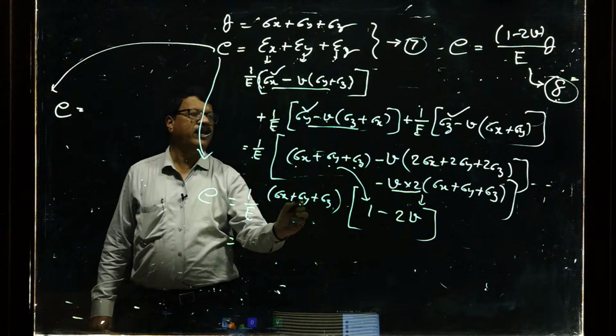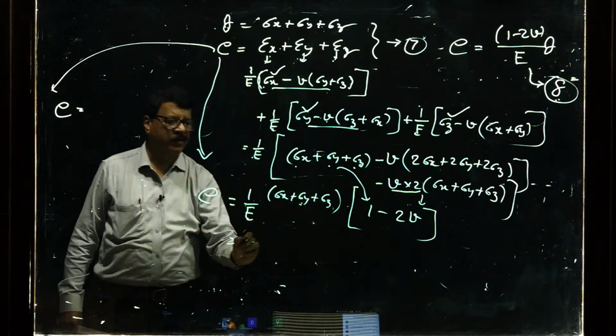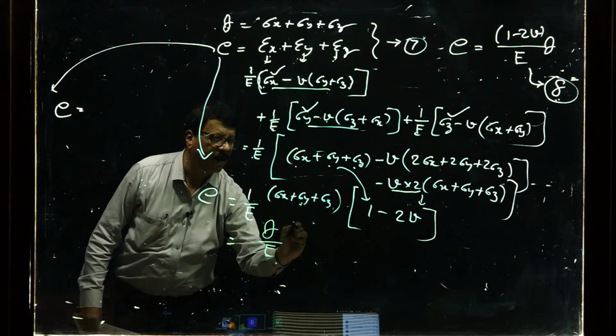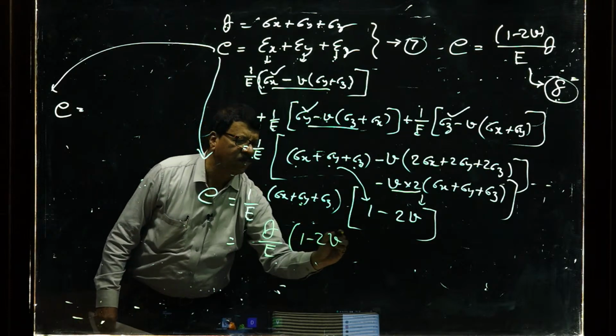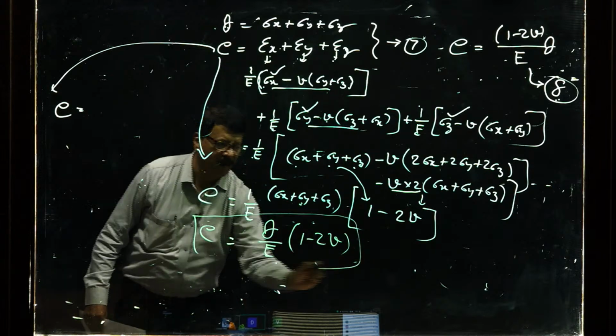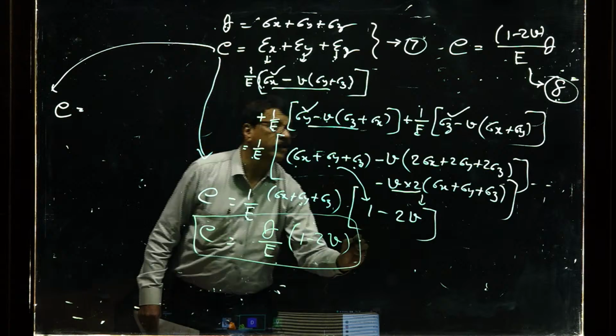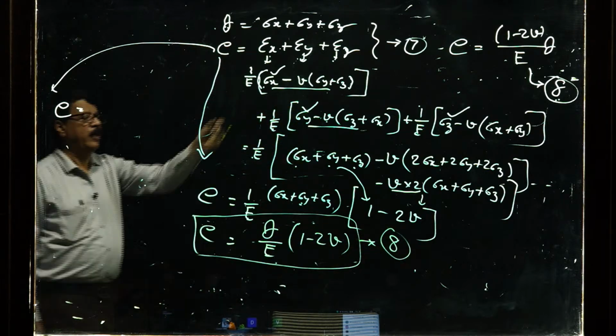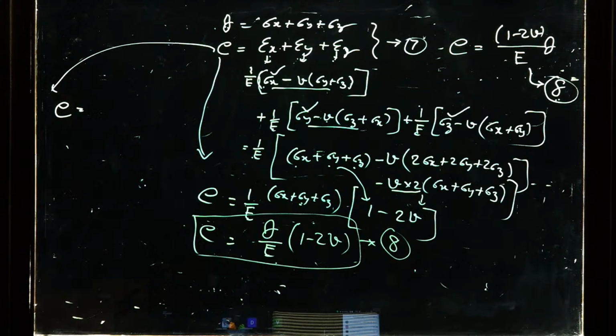Can you put the value of this is equal to theta? So e is equal to theta upon E times 1 minus 2 Poisson's ratio. This is equation number 8, I think. Equation 8 is derived.